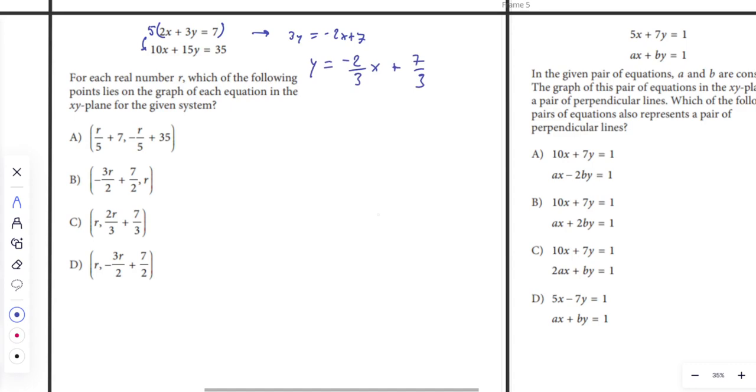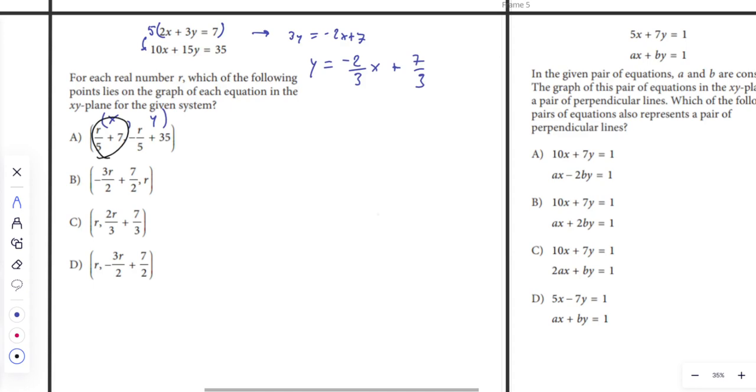Then I want to find, for each real number r, which of the following points lies on the graph of each equation in the xy plane for the given system. Well, these are just xy coordinate pairs, right? x comma y, x comma y, all of these are x comma y. So I can plug them in and see if any of them give me a good result.